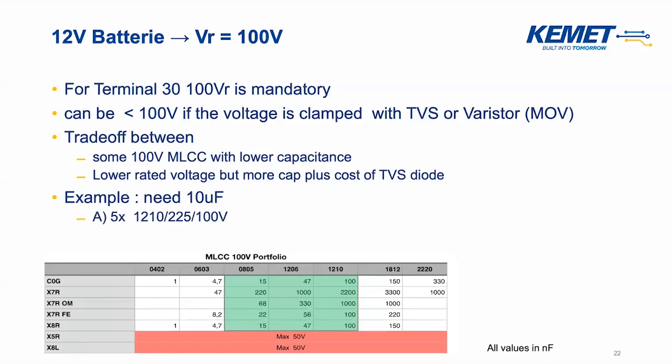So the trade-off, for example, will be if you use 5 times 225 100 volt, or you have 2 times 1210 4.7 microfarad 50 volt plus a TVS diode. This is the trade-off between how much you pay for the TVS diode and how much you pay for, let's say, if your application runs 100,000, you need 200,000 4.7 microfarad 50 volt capacitors, or you go with the other solution and you buy 500,000 1210 225 100 volt parts.